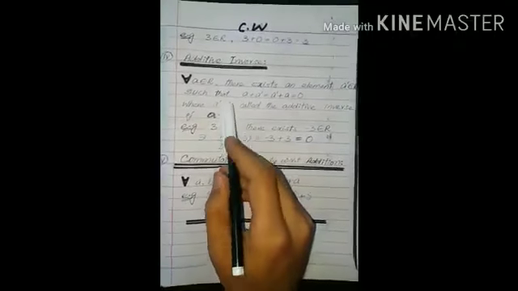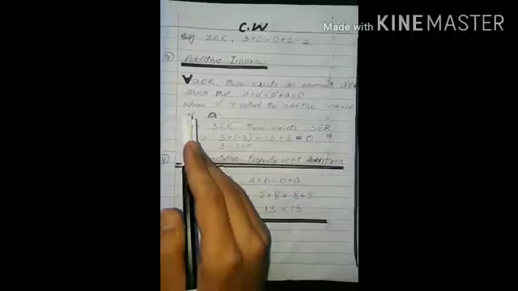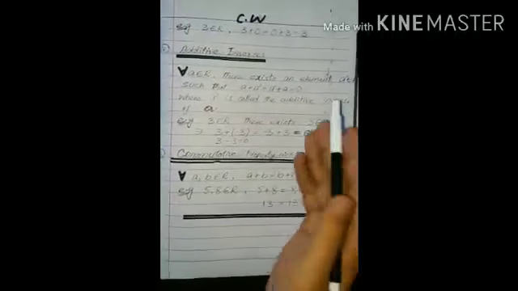Now the next property is additive inverse. If we look at this word, you will get the idea of what we will learn in this property. Inverse means opposite of something. So if we have a number in the real numbers, there must exist an opposite number of it in the real number set.